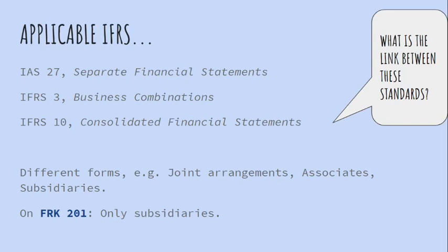Now, investments in other companies can be in different forms. You can have joint arrangements, an investment in an associate, or an investment in a subsidiary. For FRK 201 purposes, we will only look at investments in subsidiaries, where the parent company gained control over that subsidiary.